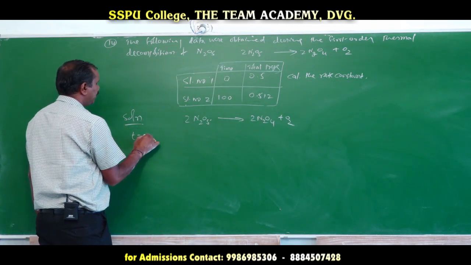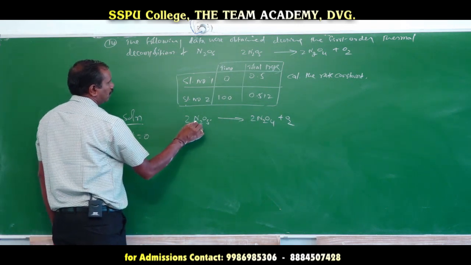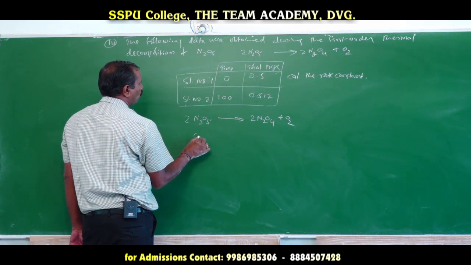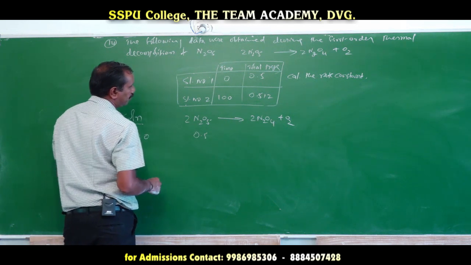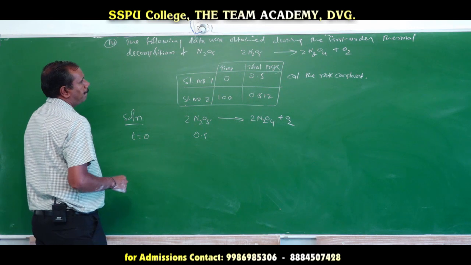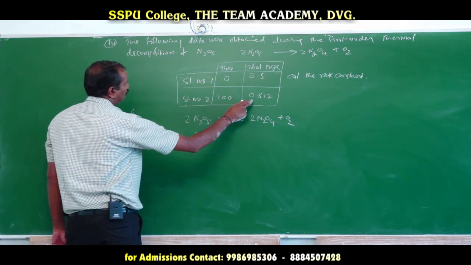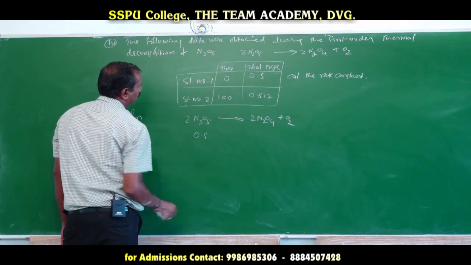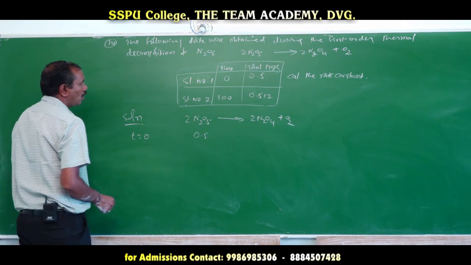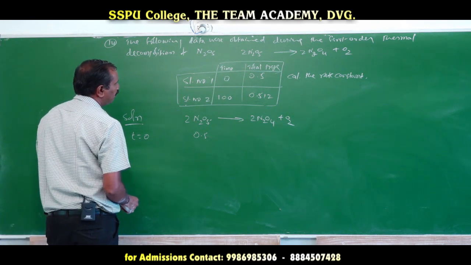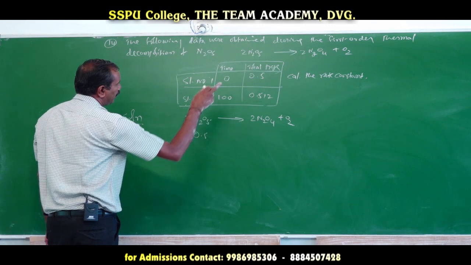Initially, when time is 0, the pressure of N2O5 is 0.5. Then P total means total pressure. After 100 seconds, it is 0.512. How to find out the K?